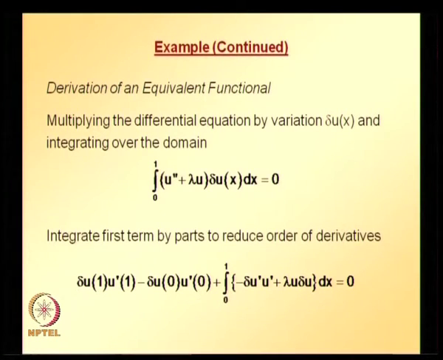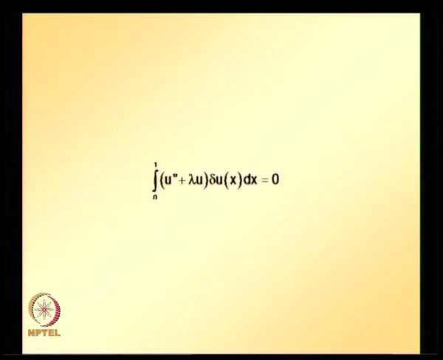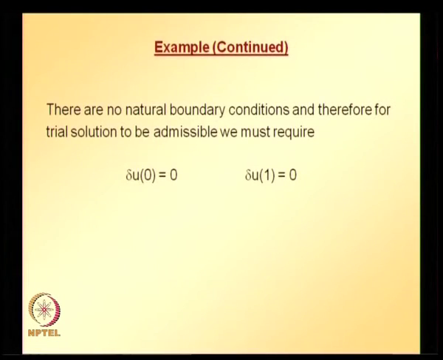Wherever an essential boundary condition is given, the variation of u at that point is equal to 0, or at least the variation of the admissible solution at that point is equal to 0. So, the first two terms get cancelled because of that reasoning. That is what is mentioned here. There are no natural boundary conditions, therefore, for the trial solution to be admissible we must require variation of u at x is equal to 0 is 0, variation of u at x is equal to 1 is 0.